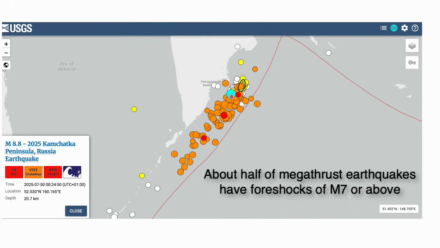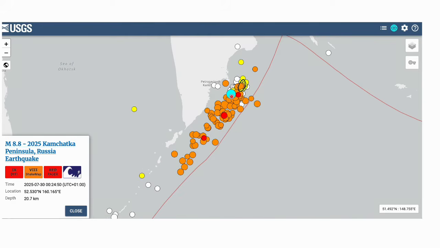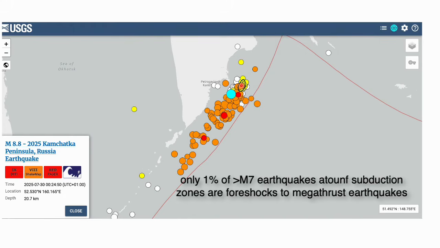Okay, so about half of these very large earthquakes have foreshocks. So then the question is, why can't we be forecasting them? You've got a nice foreshock sequence, magnitude 7.3, but actually there have been about 16 magnitude 8.5s and above in the last century, but there have been 2,000 magnitude 7s and above in the last century. So actually only in about 1% of cases is a magnitude 7 a foreshock to something significantly larger.